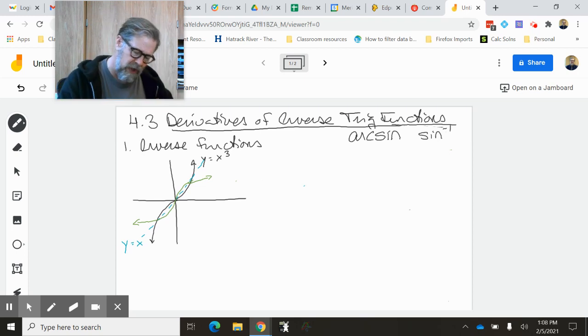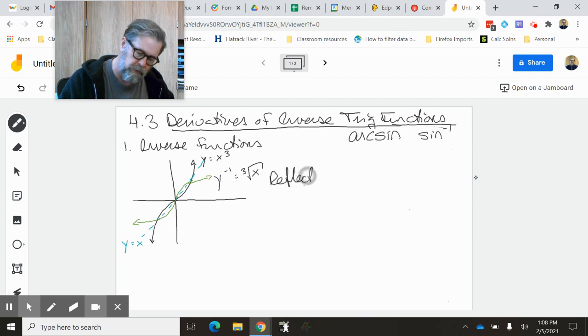First of all, if I've got the function y equals x cubed, you may remember from algebra 2 that I can find the inverse function, y inverse equals the cube root of x, by reflecting across the line y equals x.